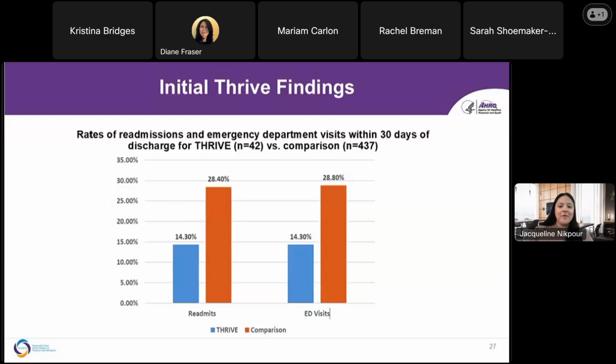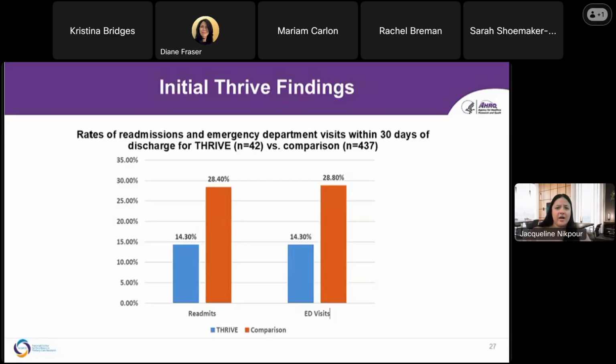So I want to talk a little bit about some of the outcomes we've seen to date in Thrive. This slide that you'll see here is from our flagship hospital in West Philadelphia. And in many ways, this is a hospital that has a very similar patient population to those that we're seeing at HUB-CEDAR at our new site. In our first couple of years, we found that readmissions and emergency department visits for patients who were receiving Thrive were virtually cut in half, right?